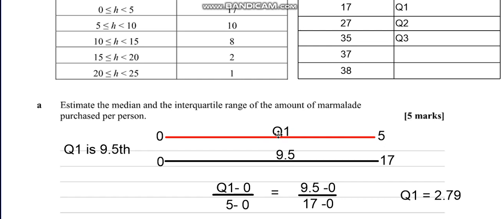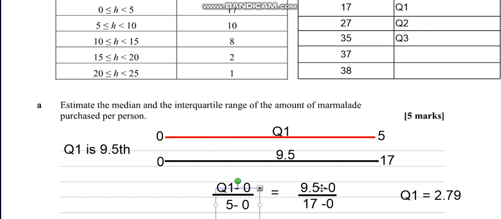So the way we're going to work this out is we're going to look at the distance between Q1 and the end here, as a fraction of the whole distance. So that's Q1 minus 0 over 5 minus 0, and that should equal the fraction of the distance between 9.5 and 0 and the whole length here.